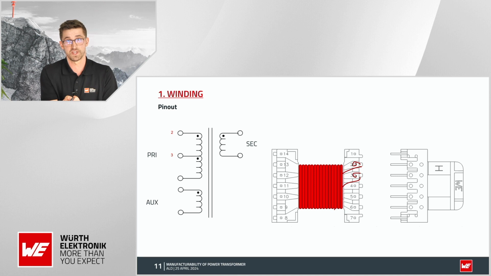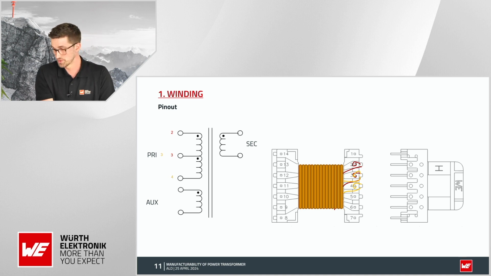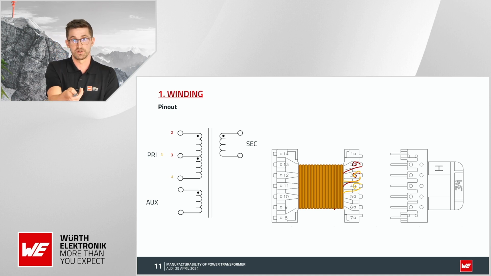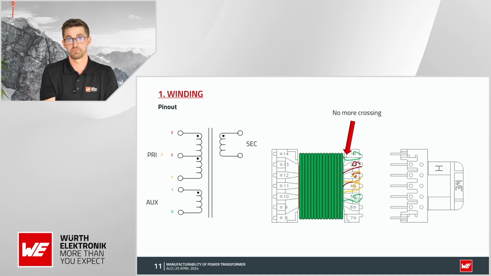Now, the first section of the primary starts on pin number 2 and finishes on pin number 3. The second section of the primary starts on pin number 3 and finishes on pin number 4. Now, the auxiliary winding starts on pin number 1 and finishes on pin 5. We can see that the long lead and the crossing are now avoided.